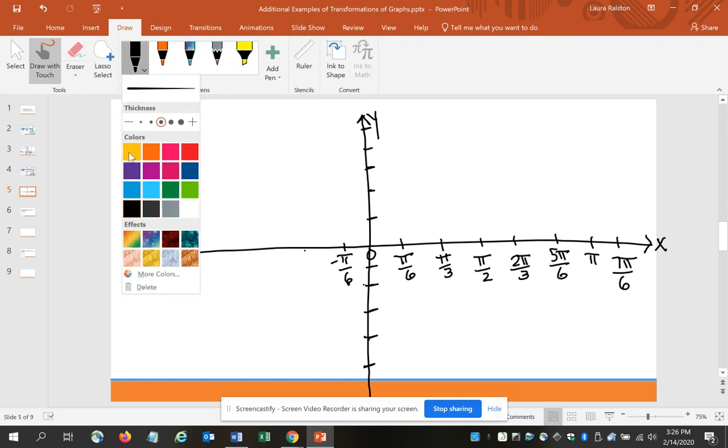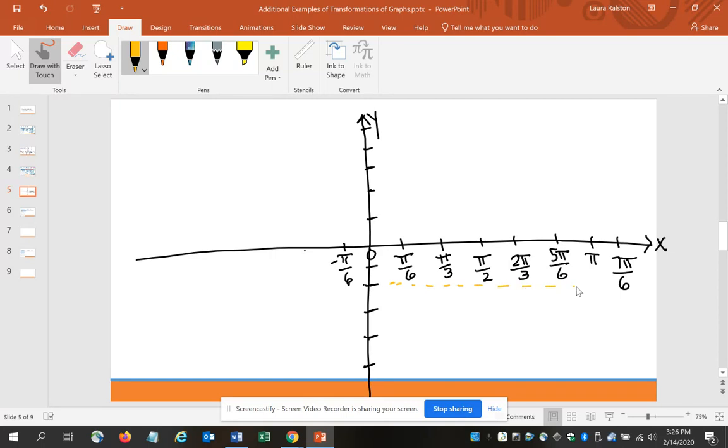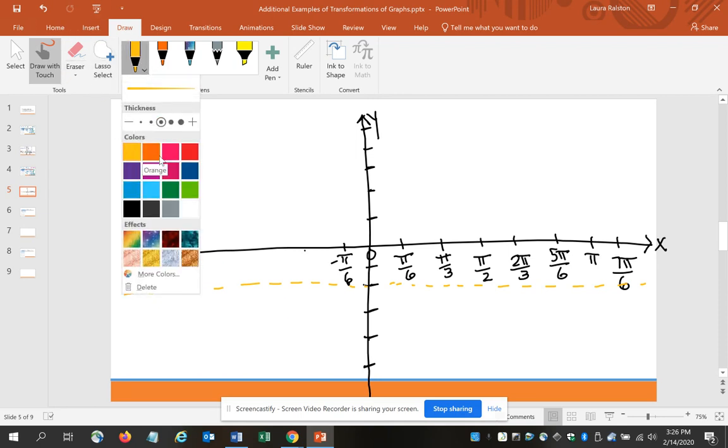So again, you've got to imagine that your 0 line is now at negative 2. Okay, so that's like your imaginary 0 line. Typically, your cosine curve begins at its maximum, which is 1, okay?